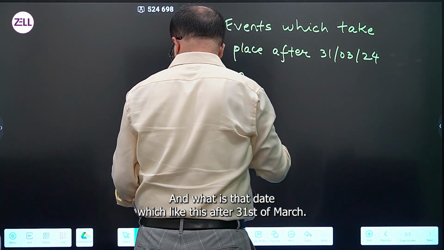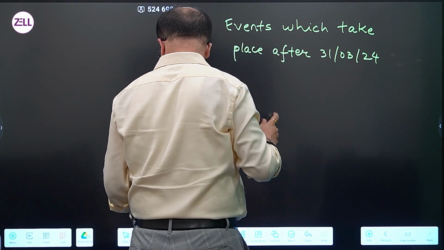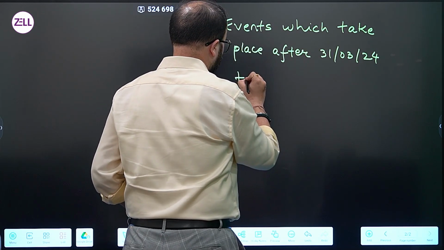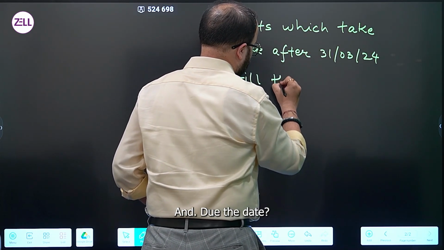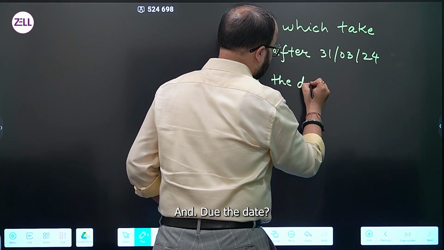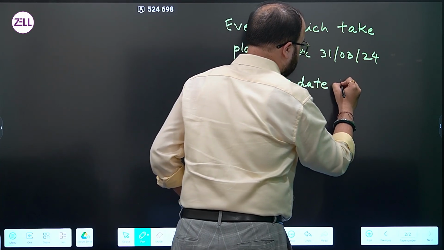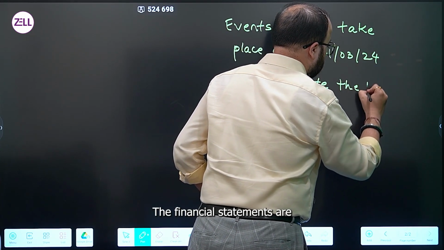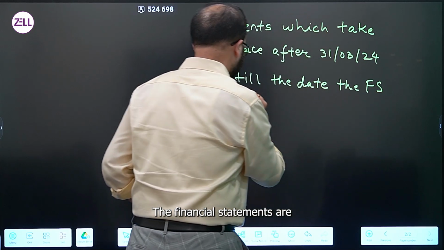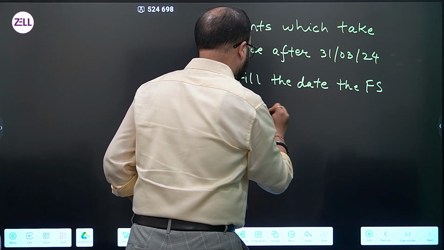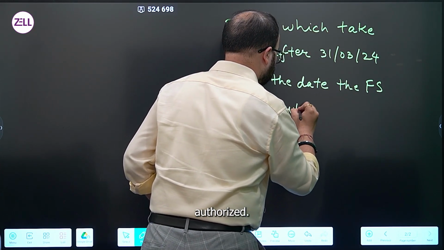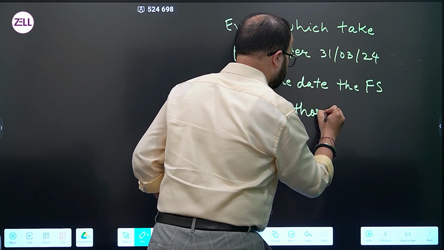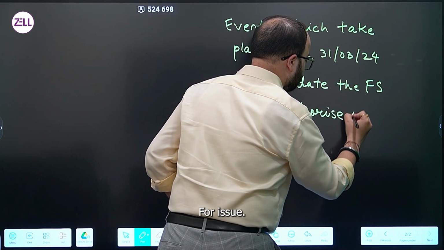Events which take place after 31st of March and till the date the financial statements are authorized for issue.